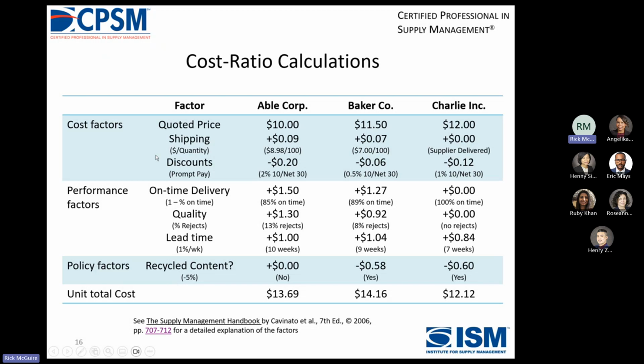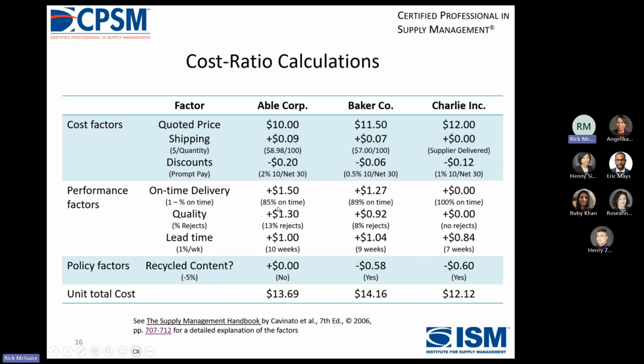So you've got things like cost factors, quoted price, and then shipping. So it costs them $8.98 per box, say, so an extra 9 cents for shipping. Here it's $7 per box, and then here it's nothing. And then discounts, the different terms.